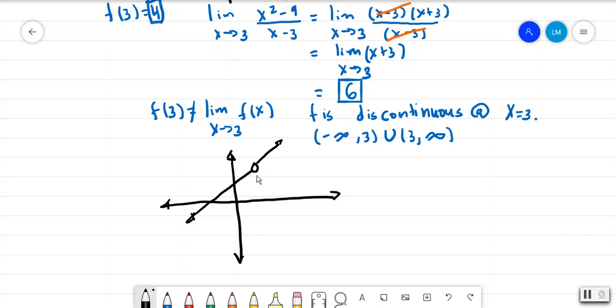So there's something like this, where the point is removed from it. We call this a removable discontinuity.